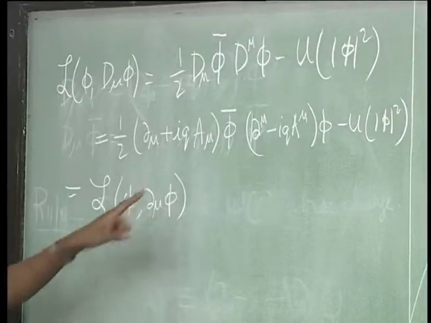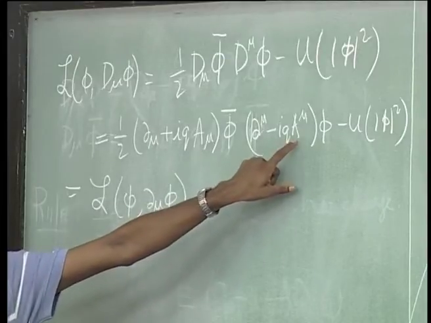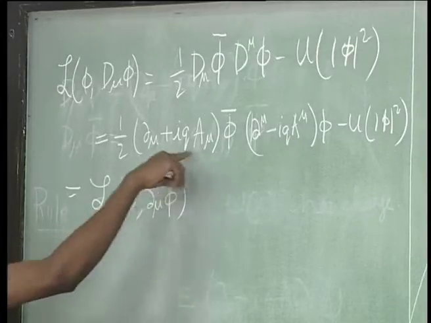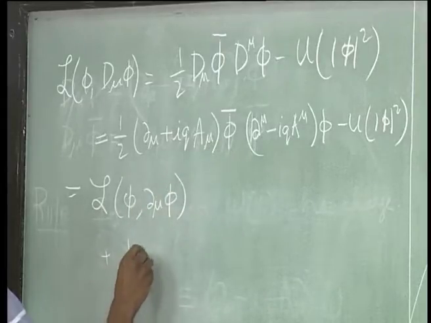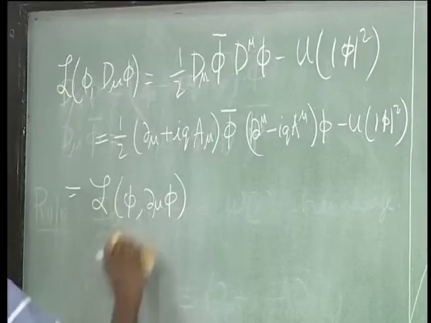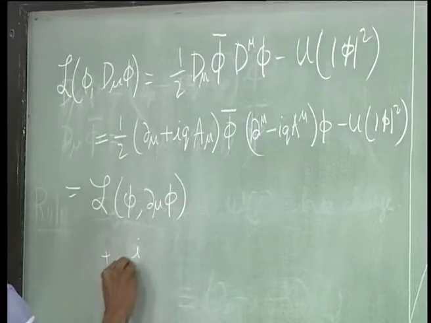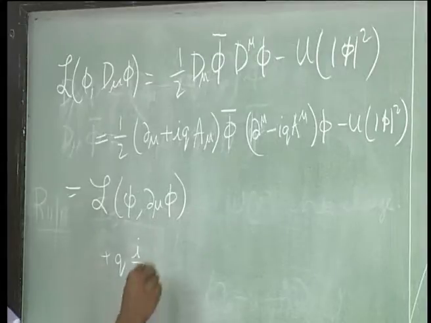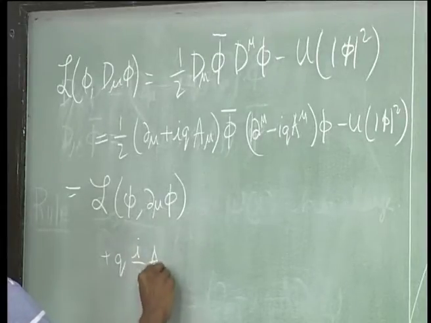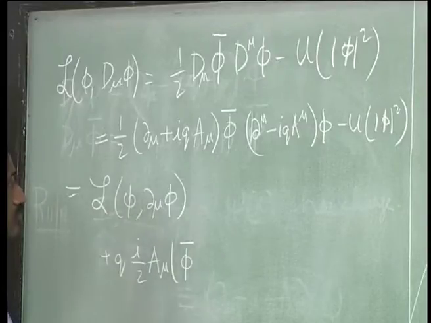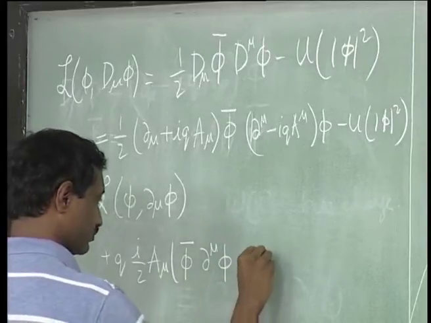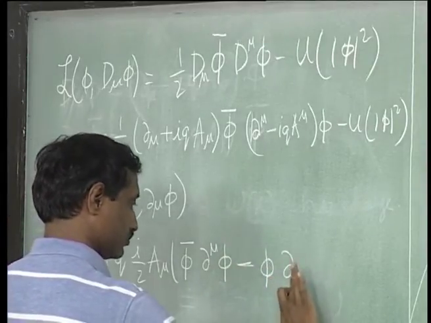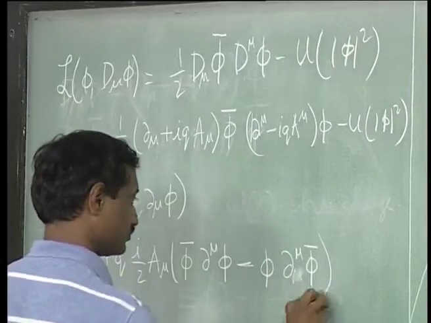The linear piece, there will be two pieces, one from this and the other from here. So, let us write that out. Let me start picking out this piece.